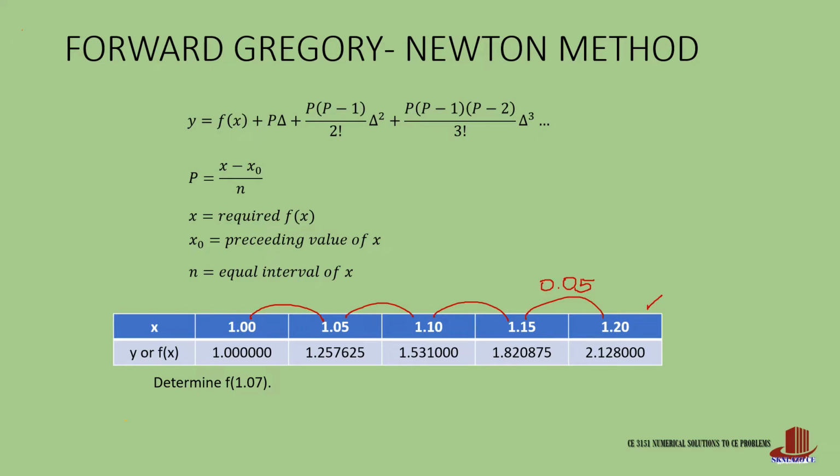Next, we are asked to determine the function of 1.07. From our table, this part, or 1.1, with this corresponding f of x, would be the mid value. 1.07 would be taken before the mid value, and thus we are going to use the forward Gregory-Newton method.